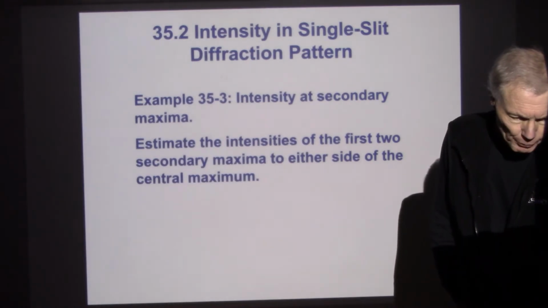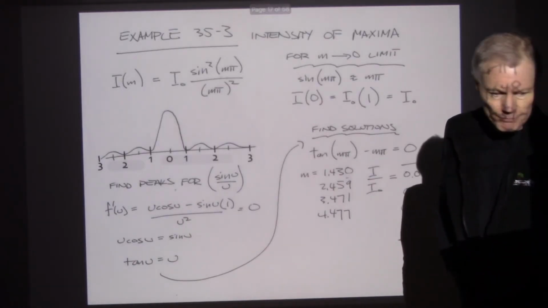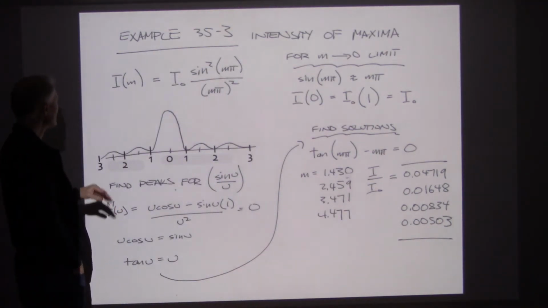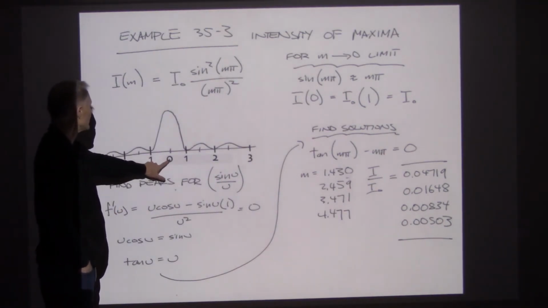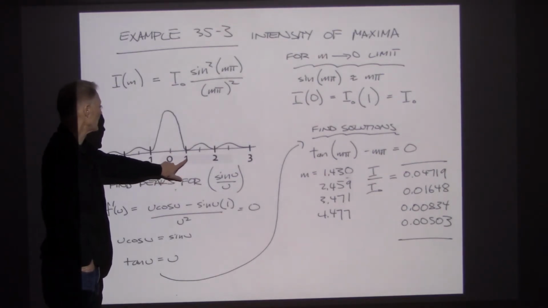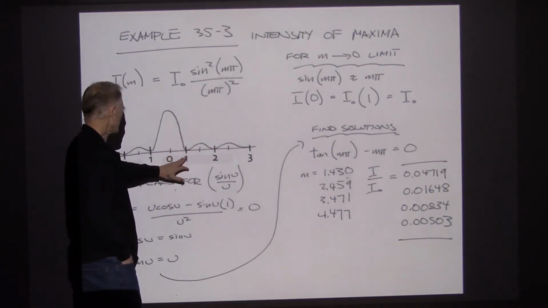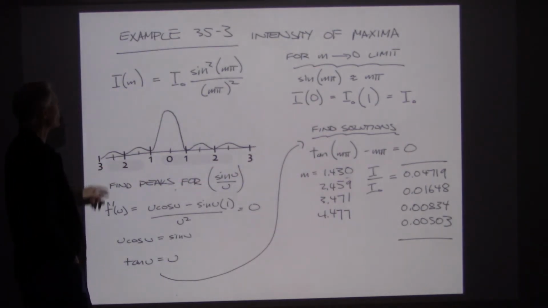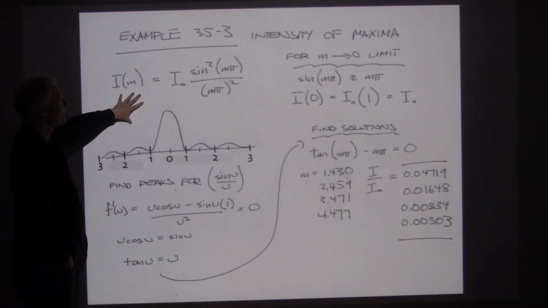Okay, so this problem, example 35.3, is saying, let's take a look at one of these diffraction intensity patterns. It's m equals 0 right in the middle, and then 1, and then, I didn't scale this very well, 1 and then 2 and then 3, and 1, 2, 3 in the other direction. Here is the intensity formula.